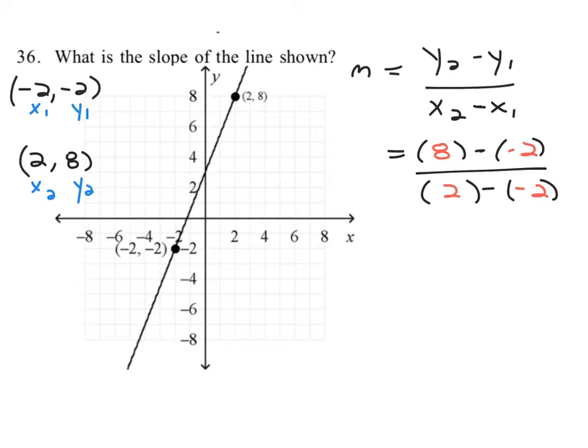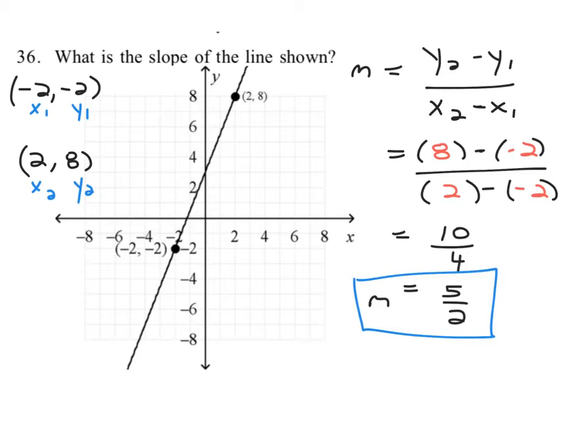And now when we simplify this, we get 8 minus negative 2, or 8 plus 2, is 10, over 2 minus negative 2, or 2 plus 2, is 4, and that simplifies to 5/2. So we have then a slope of 5/2.